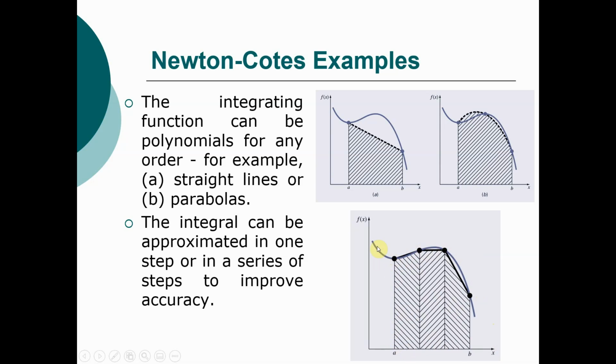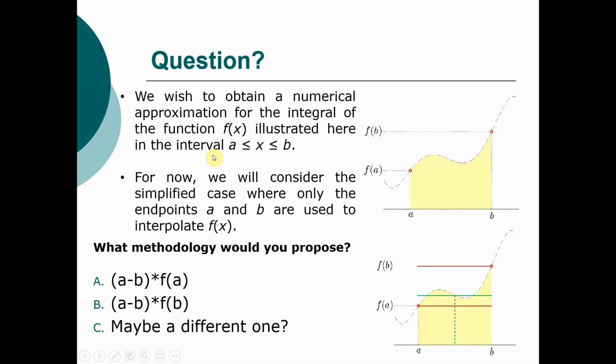And instead of finding the area below this blue curve, we find the area below these straight lines. Because each is a straight line, if you think about it, this is a trapezoid, so we can find the area of a trapezoid very easily. Or it's a first order polynomial, so we can find the antiderivative of it and take the integral. So these are some of the methods that we're going to see in this lecture.